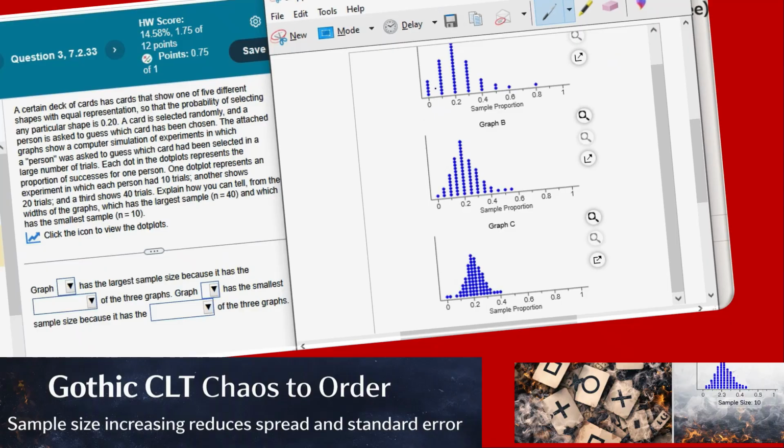But anyway, notice the spread. So remember when we were rolling dice and stuff, we had the law of large numbers. It was back and forth, and then it eventually started to converge towards the probability.